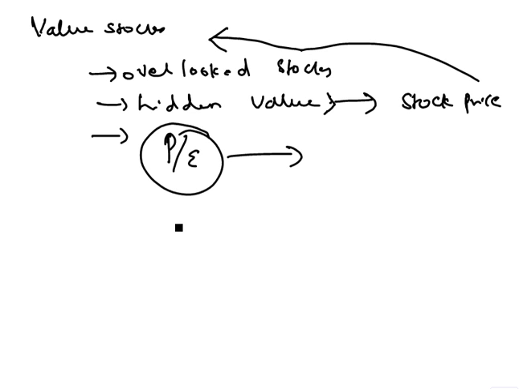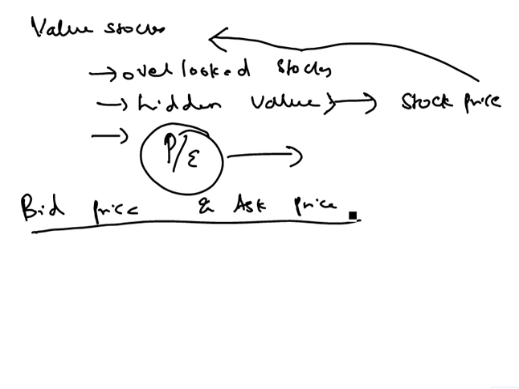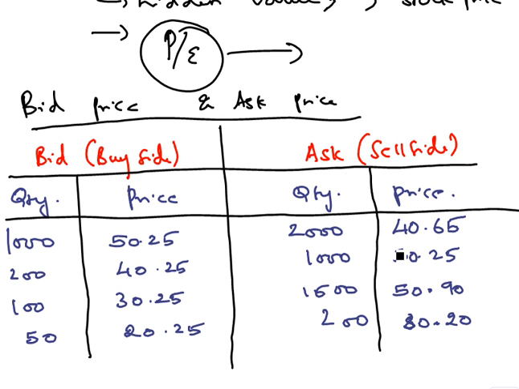Okay, fine. Now let's see about something called the bid price and the ask price, which you usually see in the stock quotes. So this is how the stock quote will be.